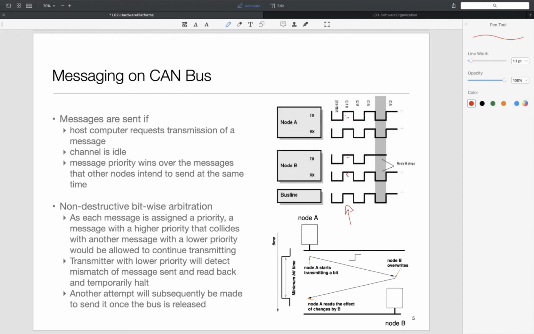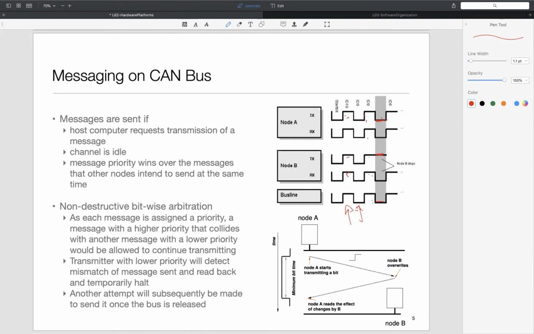On the second clock tick, both of them sent a 0, so they will both read back a 0. On the third clock tick, both of them sent a 1, both will get back a 1. But on the fourth clock tick, node A sent a 0, node B sent a 1. But because things are tied together in this wired ANDing manner, on the bus line, 0 overrides 1.